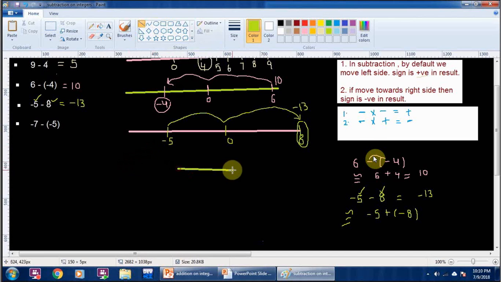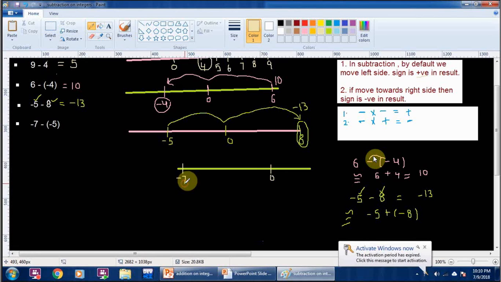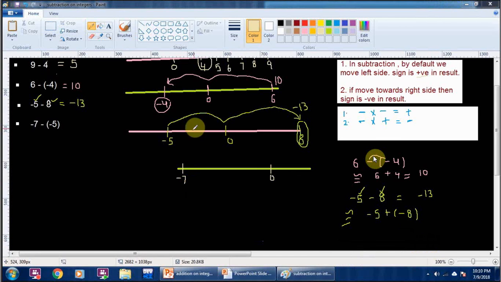In my next example, my starting point is -7. This is the 0, and -7 is on the left side of the 0, and I have to reach -5.